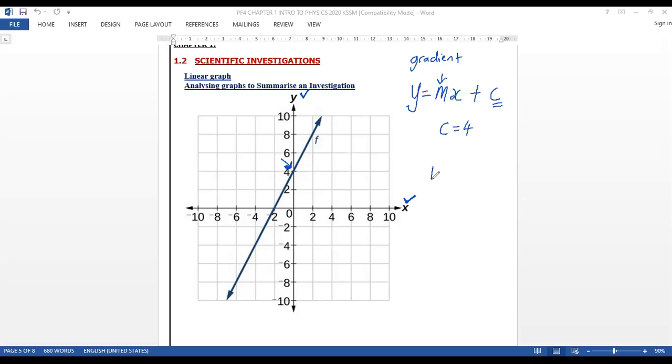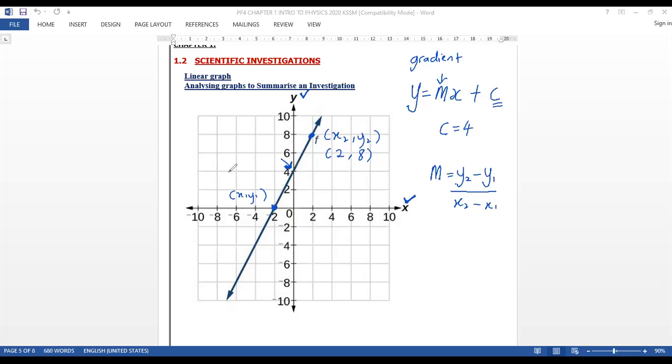What is the gradient here? The formula for gradient is y2 minus y1 over x2 minus x1. I believe all of you have learned this in Form 3. Let's take this as the second coordinate, x2, y2. So it will be 2 and 8. And let's take this as the first coordinate, x1, y1.